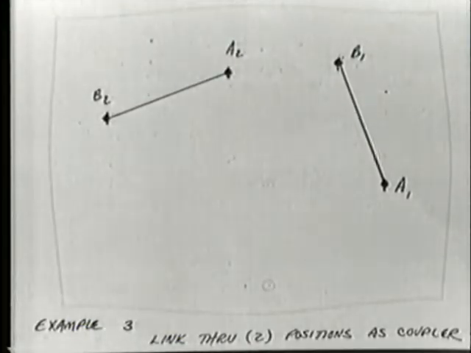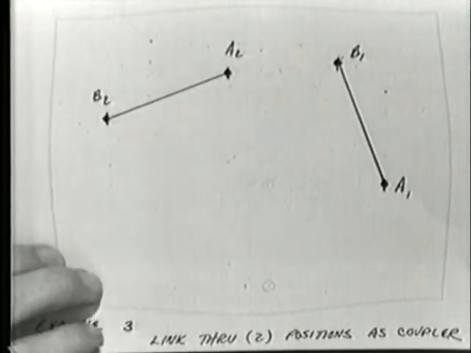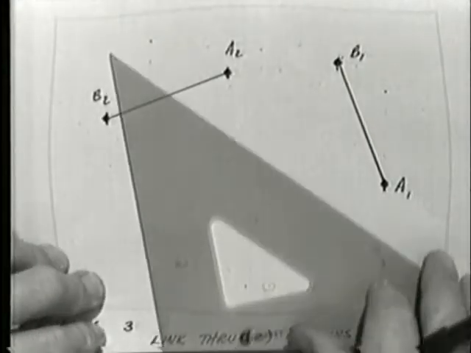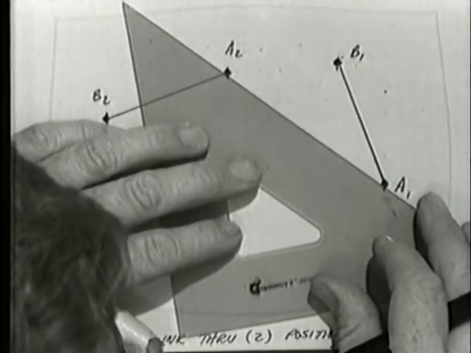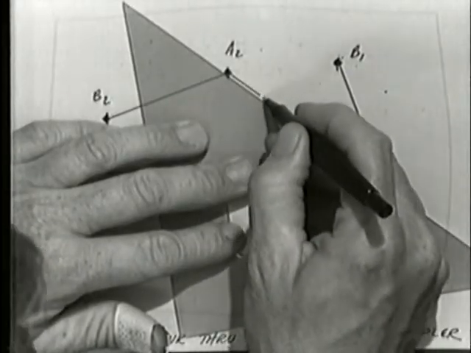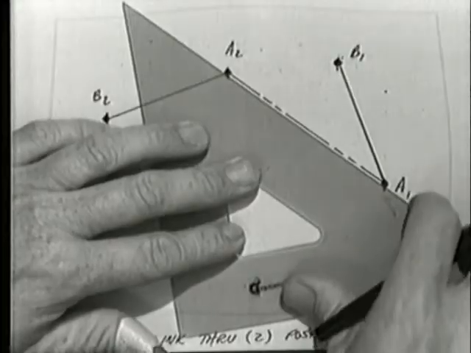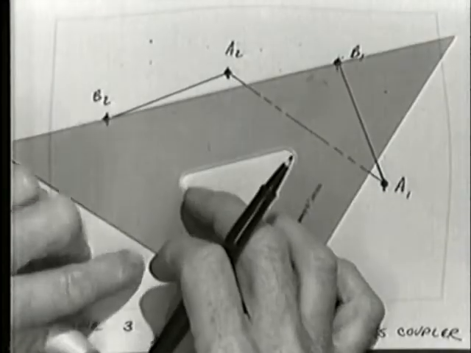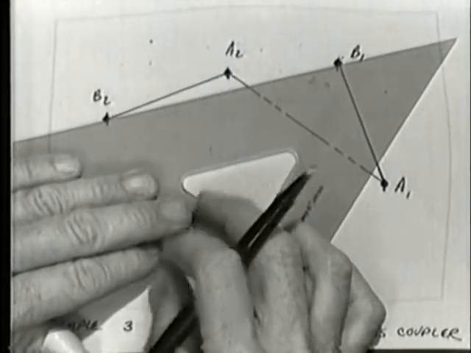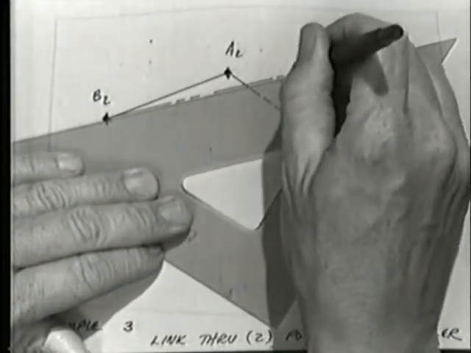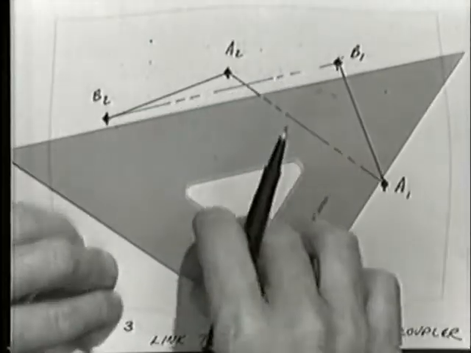And we want now to create a linkage which will move it as the coupler, as link 3, not as link 4. That's the difference here. The technique is very similar to the one we just went through. I'm first going to find the displacement tracks of each end of the link. And notice I'm connecting like letters here. B1 to B2, A1 to A2.